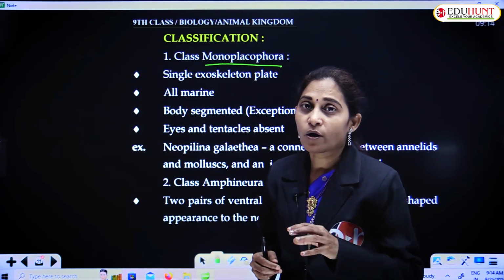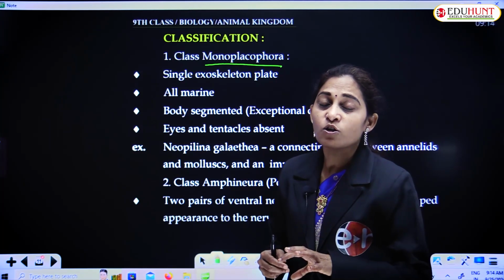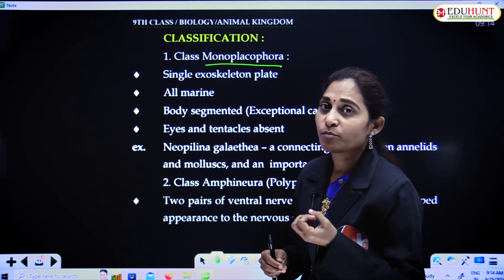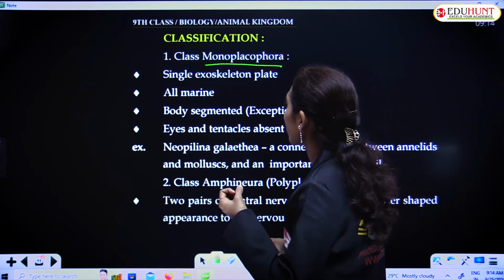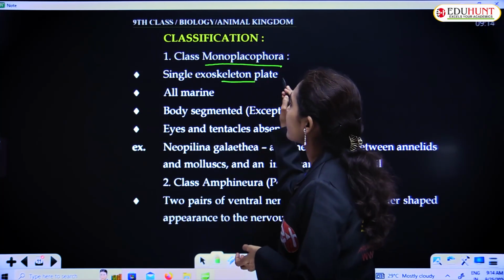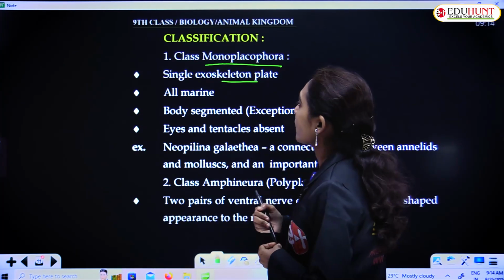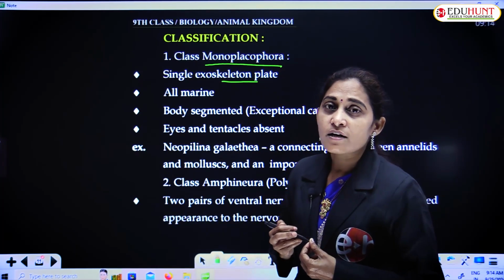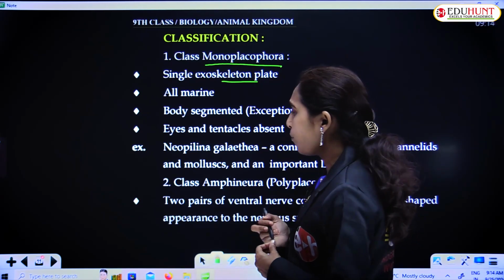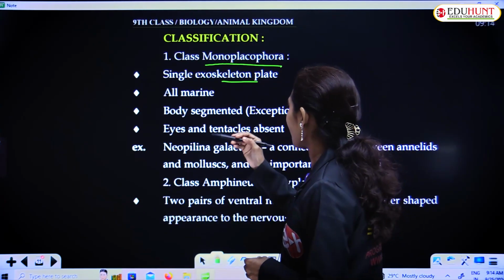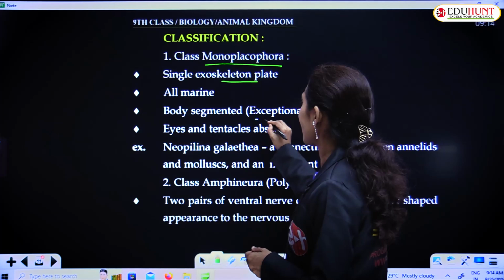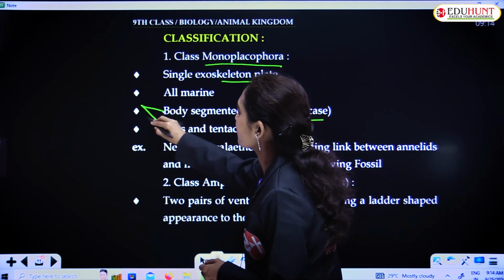The body is covered or enclosed in a single shell. Monoplacophora: single exoskeleton plate is there, and all the forms are marine. Body is segmented here. It is an exceptional case.